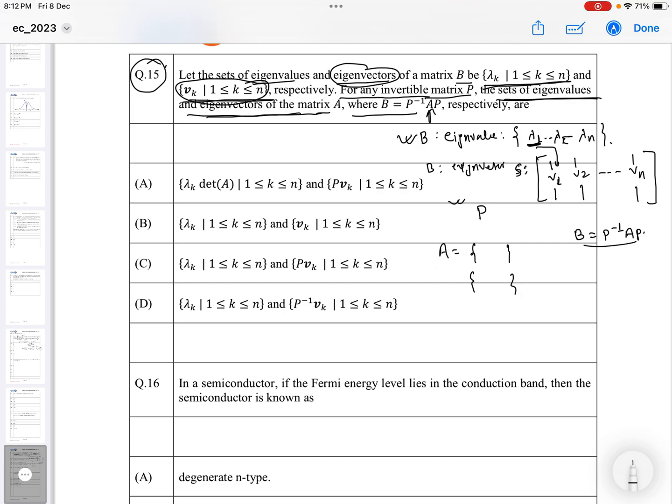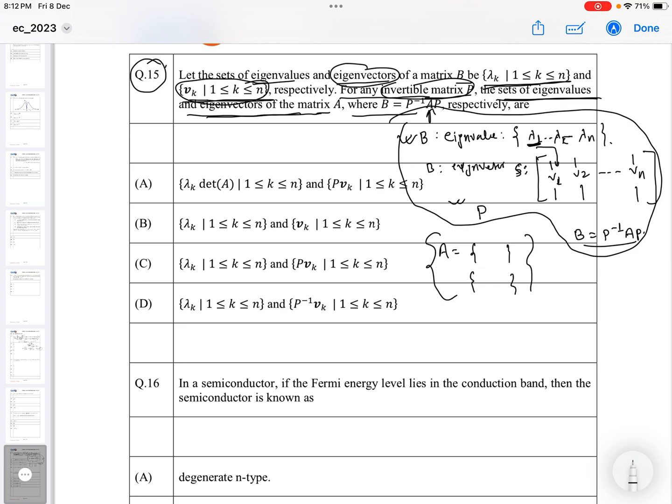Regarding P, it is given that it is an invertible matrix. So the main goal is to find the set of eigenvalue and eigenvector from all this info. Basically, this question is from the diagonalizability of a matrix.